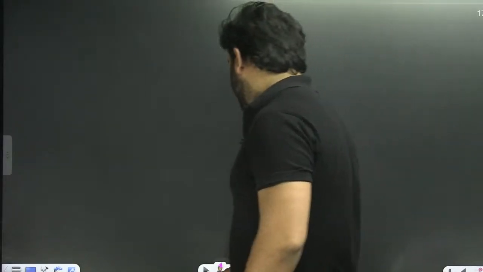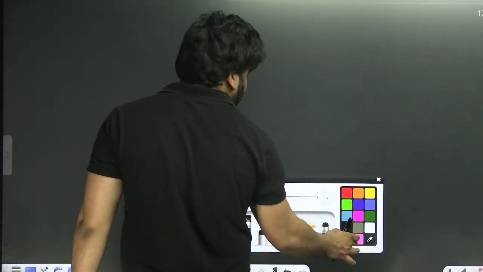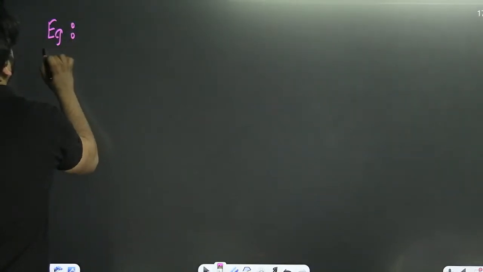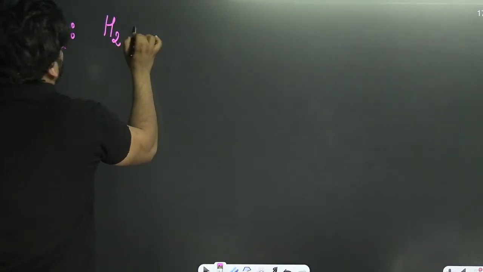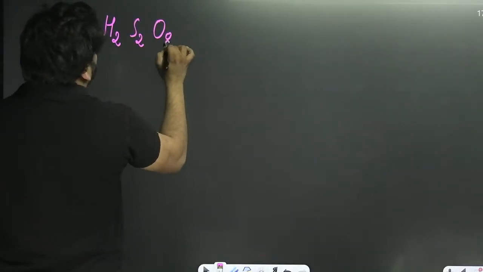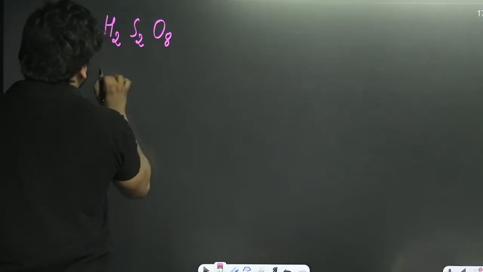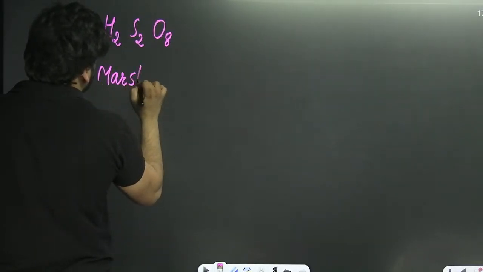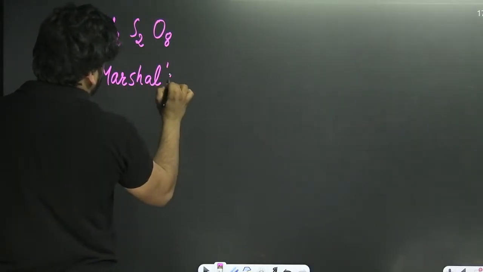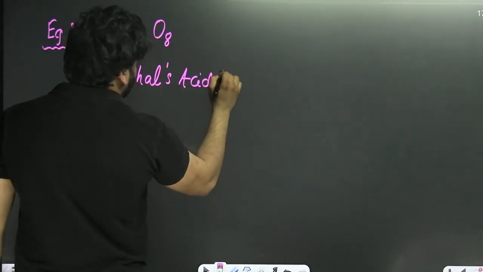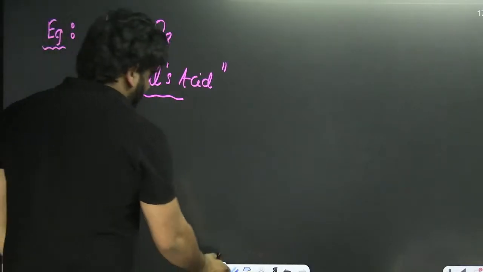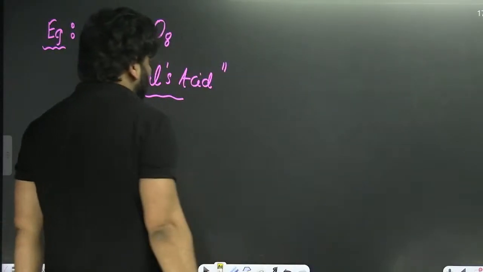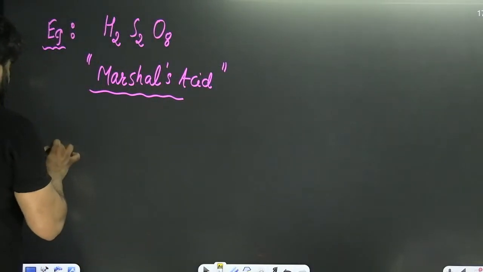Let me take one more similar example. Take this example: H2S2O8, called Marshall's acid, or there is one more name we use for this acid, peroxydisulfuric acid. Its structure looks somewhat like this.